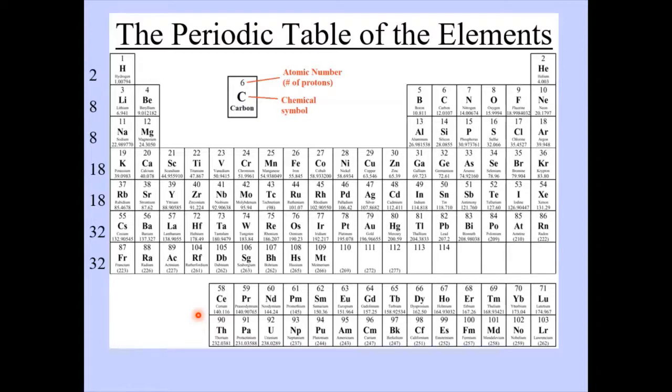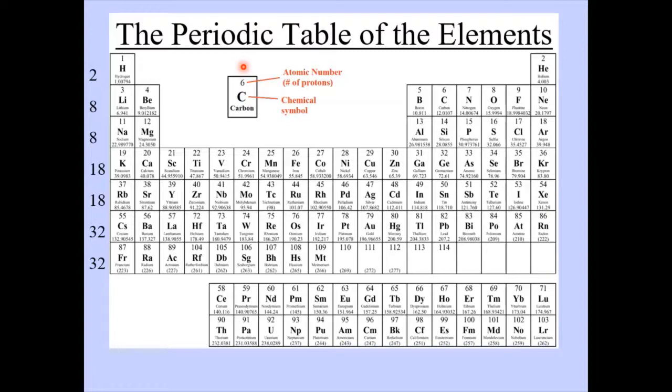But the one thing I will mention here is that all of the matter that we're made out of, the earth is made out of, our bodies, our buildings and cars, everything, all those elements are found on the periodic table of the elements. And the only difference between these elements, remember, is the number of protons in the nucleus and the number of electrons orbiting around the outside.